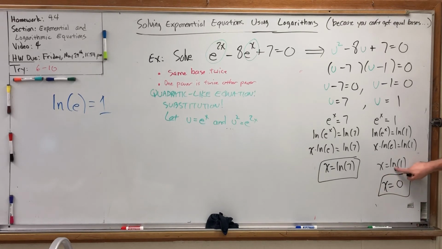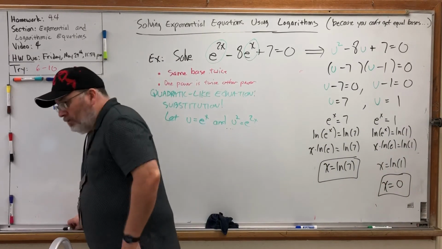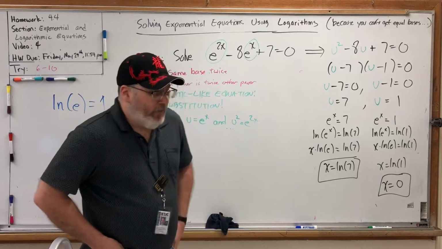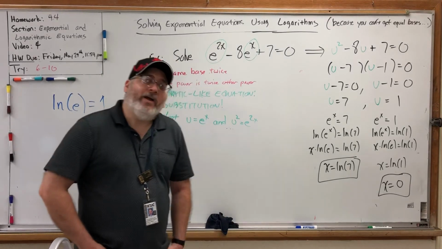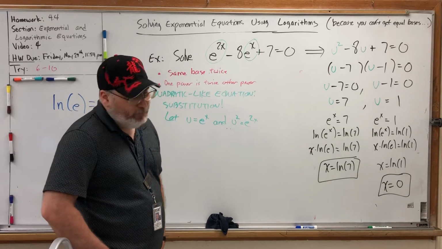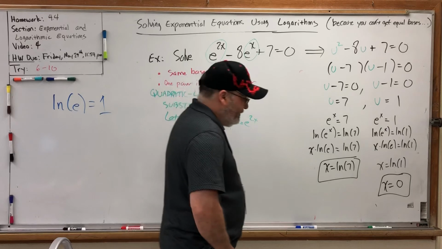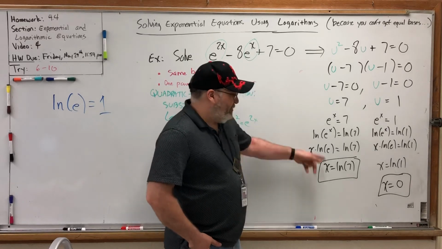So the homework might give you a little comment if you type ln 1. It might say the general comment that goes, although your answer is correct, it's not in the right form. Please make sure you read all the directions. Make sure your answers are completely simplified. Natural log of 1 is not simplified because it can simplify to 0. Same thing with natural log of e. It's not simplified.